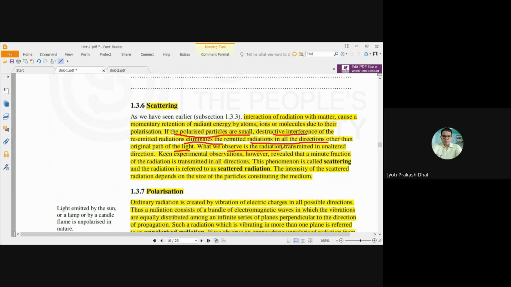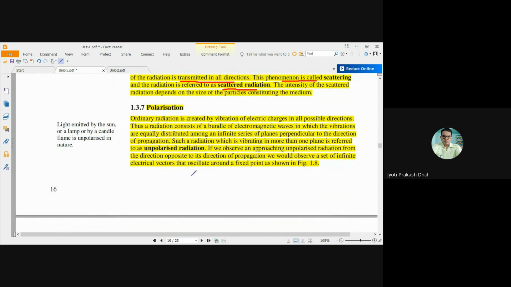Then we observe the radiation transmitted in the original direction, but experimental observation revealed that a minute fraction of the radiation is transmitted in all directions. This phenomenon is called scattering, and the radiation is called scattered radiation. Now coming to polarization.